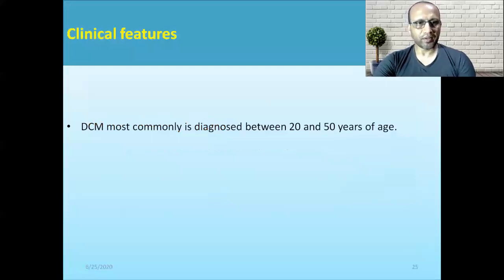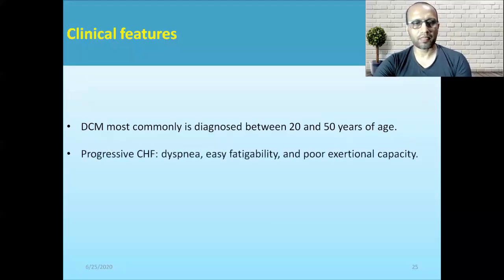A dilated cardiomyopathy most commonly is diagnosed between 20 and 50 years of age. Our patient comes with clinical features of decreased cardiac output, and these features are dyspnea, easy fatigability, poor exertional capacity.